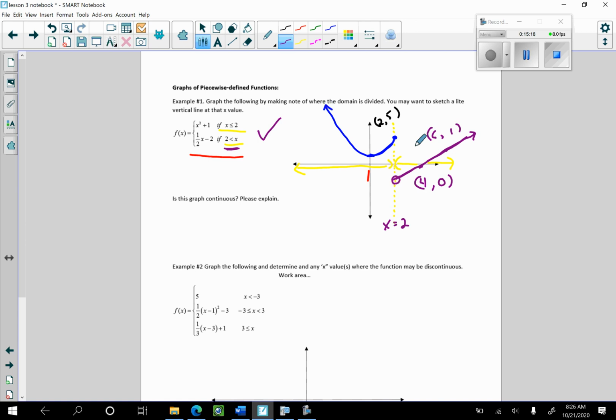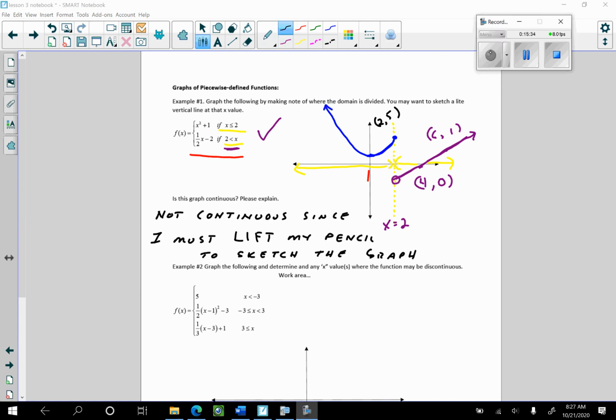And that's the reason that we're going to give in this class called pre-calculus. This is not continuous because I have to lift my pencil. That's the actual written verbal reason I'm going to write here. This thing is not continuous since I must lift my pencil to sketch the graph.